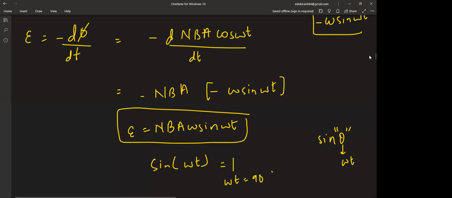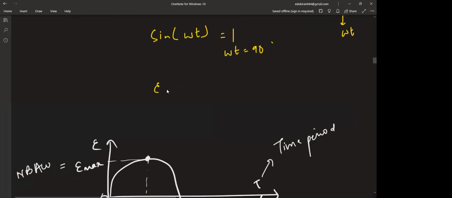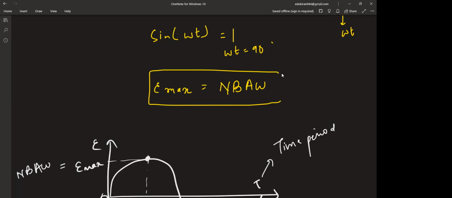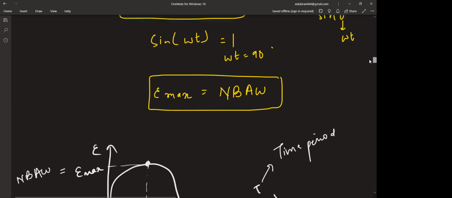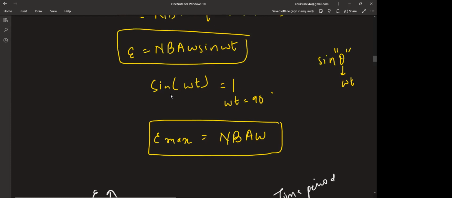So the maximum value of this EMF which you can achieve can be NBA omega only, because sine omega t becomes 1. One thing, class: this maximum value, sometimes we call this the peak value also.